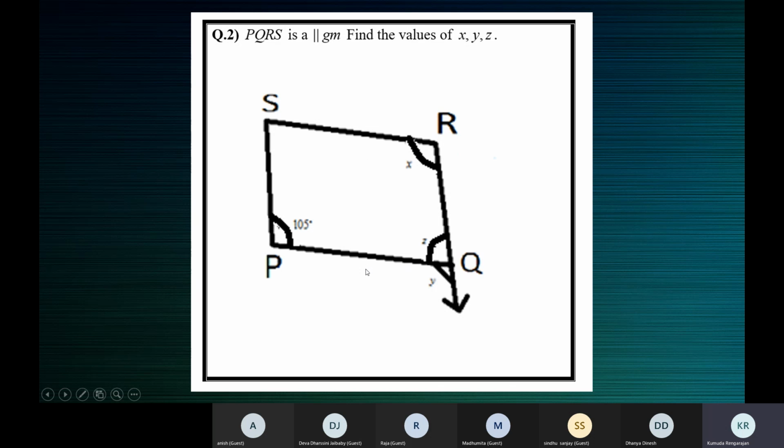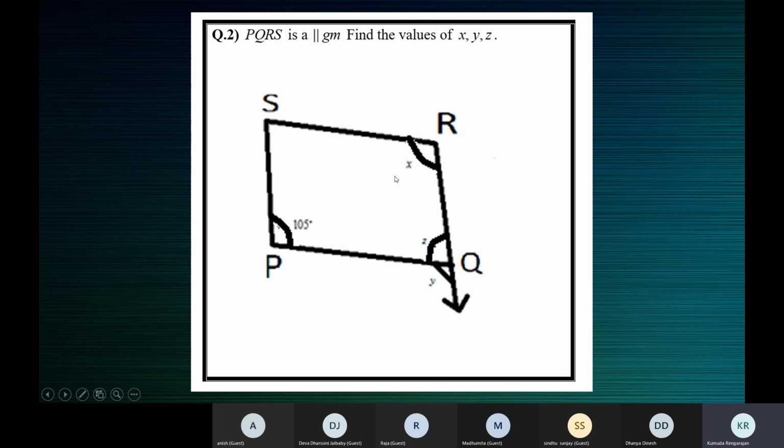Even if these two opposite sides were not parallel, still X and Y are corresponding angles, because of their position. Because they're found here and here, by their position, they are corresponding angles. But they're not equal when the lines are not parallel.